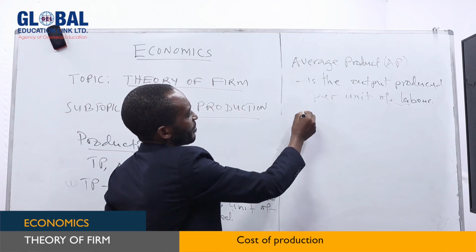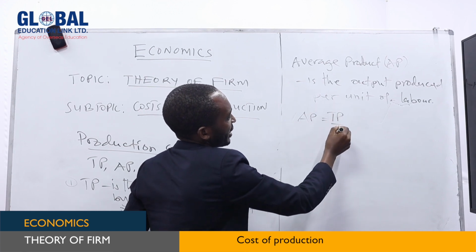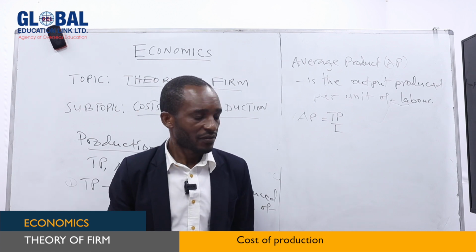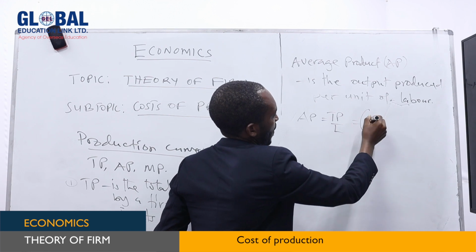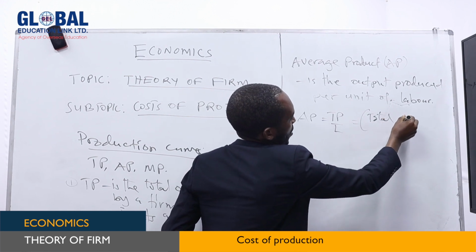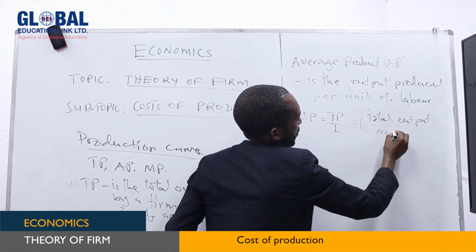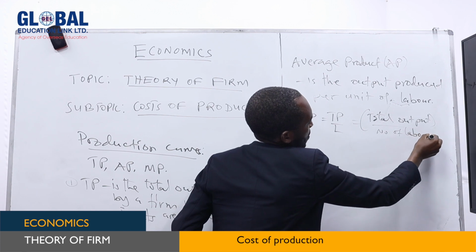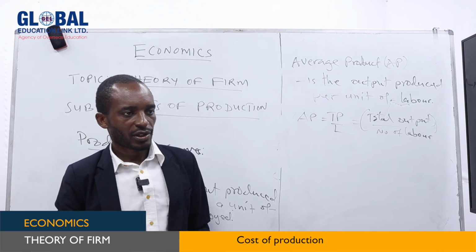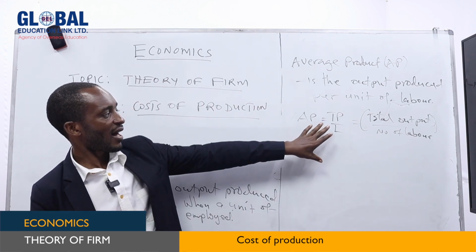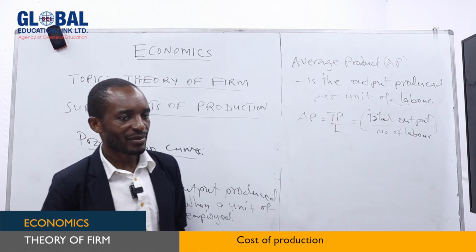So the average product will be equal to total product divided by number of labor. This is the same as total output over number of labor. So this is how you can find the average product: you take the total product divided by number of labor.